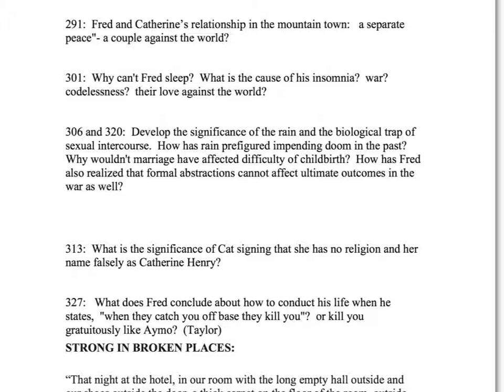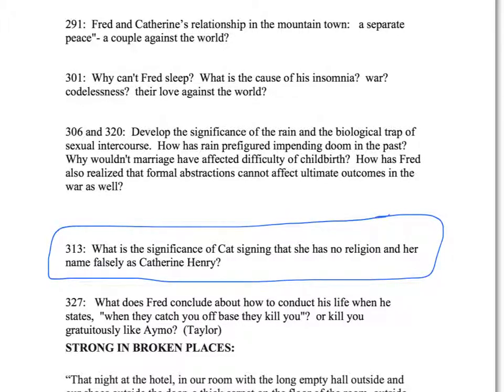And then it rains, it stops snowing, and Catherine gets closer to her birth, and they have to come out of the mountains, the snowy mountains of nobility, and come down to the hospital. And she signs in. I think it's important that she signs in as Catherine Henry, even though she's not. And she signs in that she has no religion.